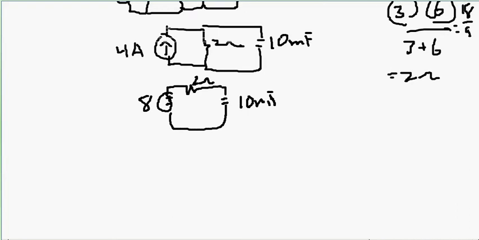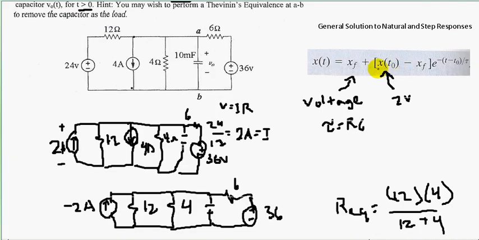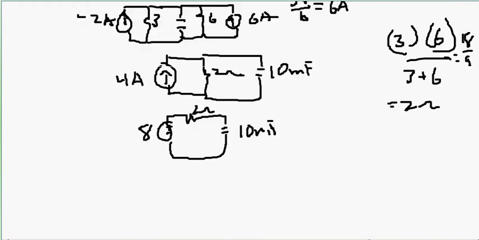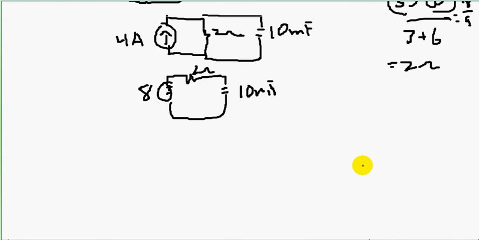Now that we simplified our circuit down to this simple circuit, we can find our final voltage across the capacitor. If you remember, under steady state for a long time, for t greater than 0, if this were to run for time to infinity, this capacitor would pop open.